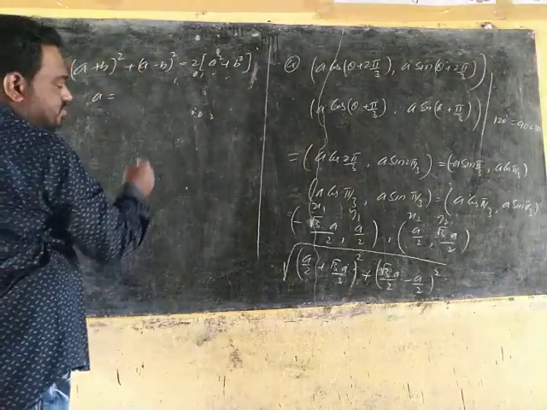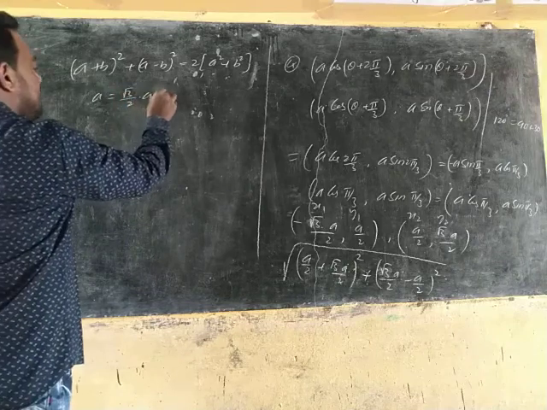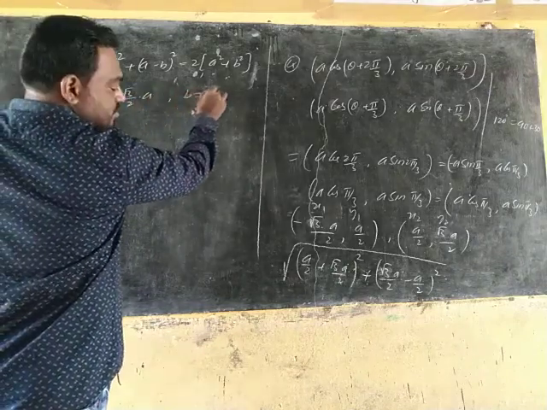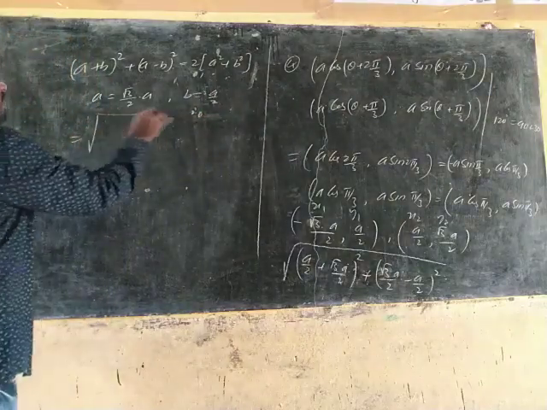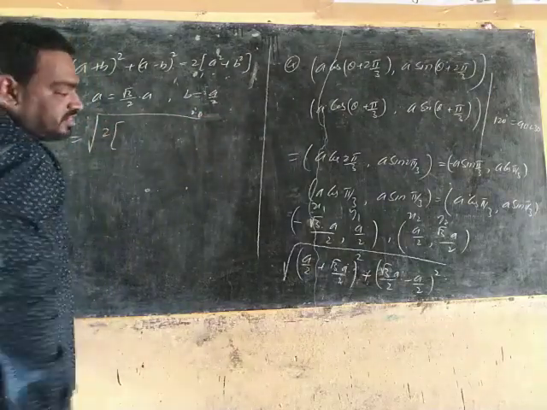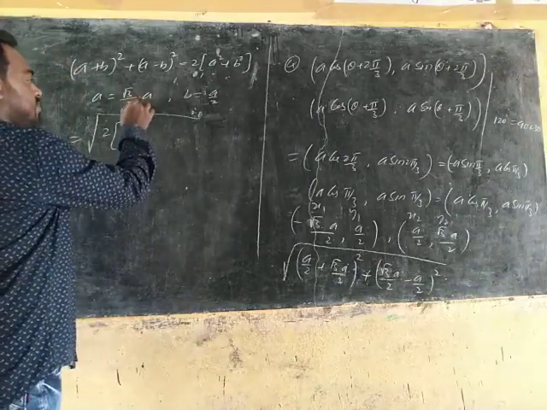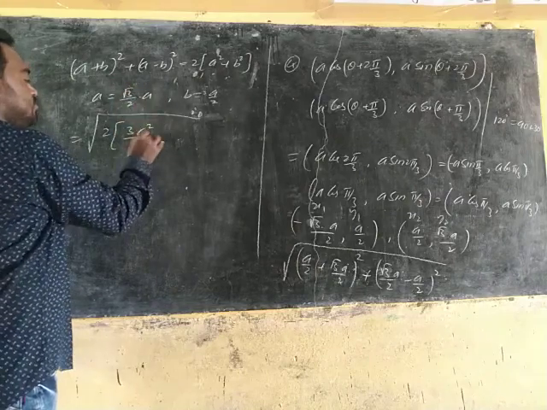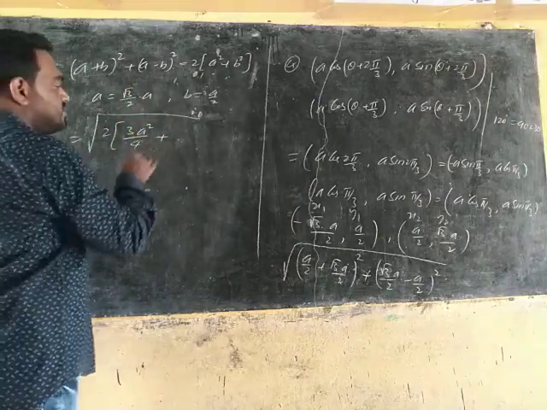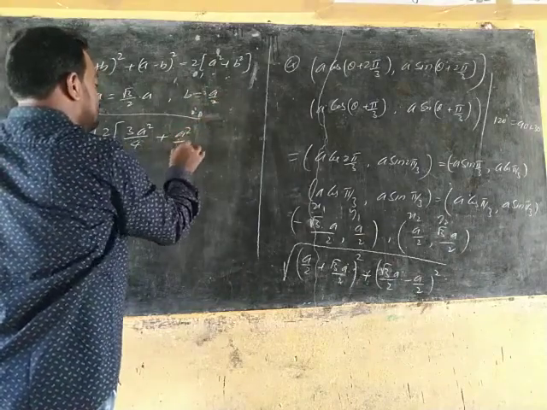Here a is equal to root 3 by 2 into a and b is equal to a by 2. Now this is equal to the square root of 2 into (root 3 by 2 a) whole square, root 3 square is 3 a square, 2 square value is 4, plus b square, so (a by 2) whole square, a square by 4.